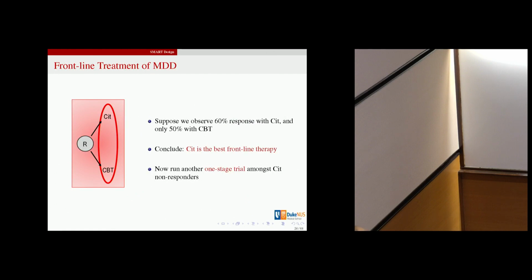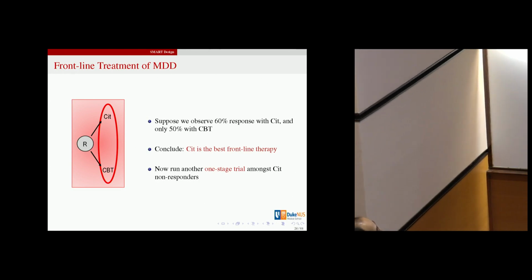Okay, frontline treatment, right? So this is the first randomized trial. You can forget about SMART, DTR, etc. Just a standard RCT. And suppose you observe 60% response with citalopram and only 50% response with CBT. And this response is basically your final outcome. It's a binary outcome you are thinking of now.